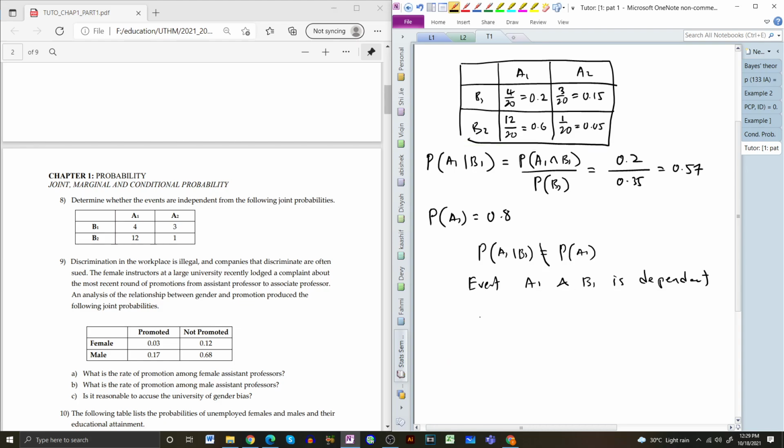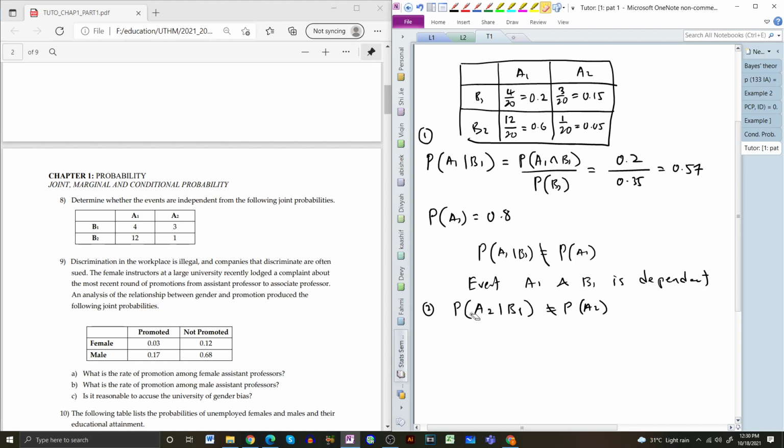Okay, so what you have to show, this is the first part. And if you notice, for the second part, after A1 B1, you have to show that it is the same for this one also. If you compute, A2 B1 is also not equal to this one.